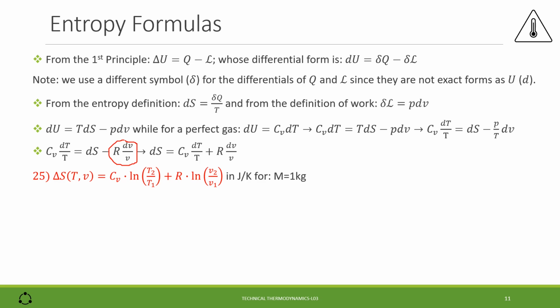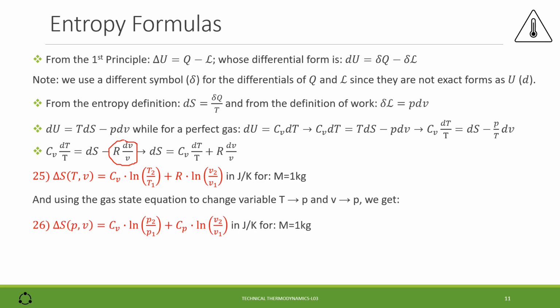And this is Joule per Kelvin, considering a unitary mass. Otherwise, we have to multiply for the mass. And using the state equation to change the variable T into P and V into P, we get the remaining two expressions. One for delta S as function of P and volume, and one for delta S as function of T and pressure.